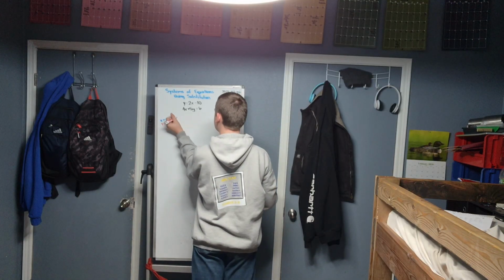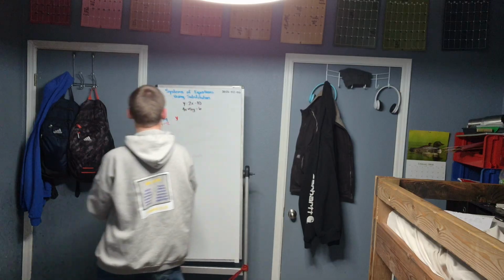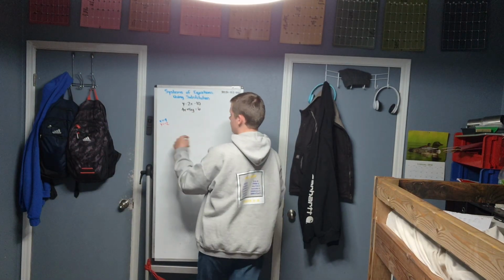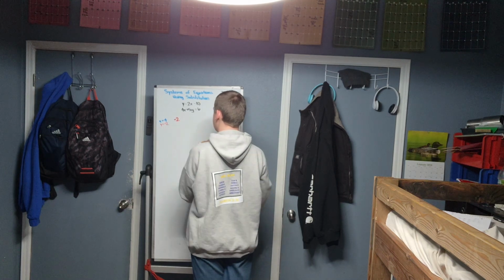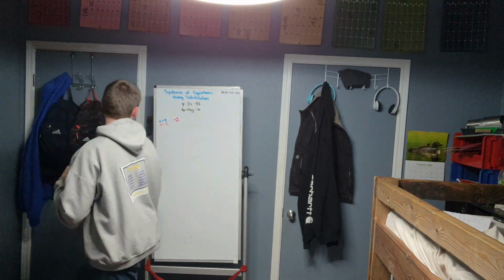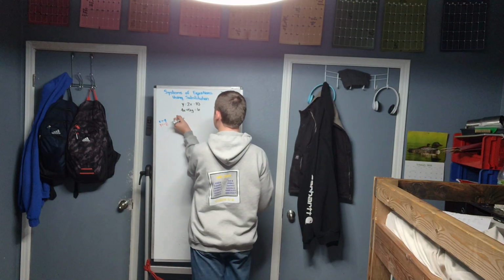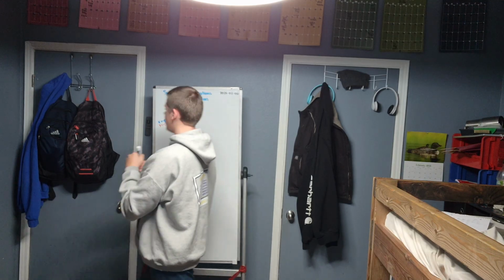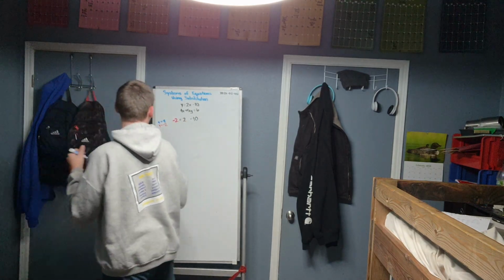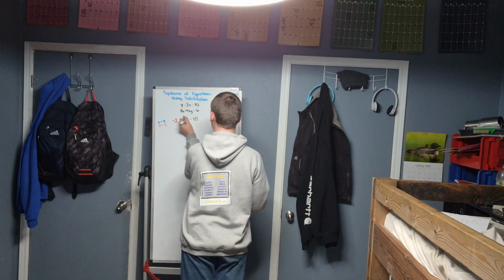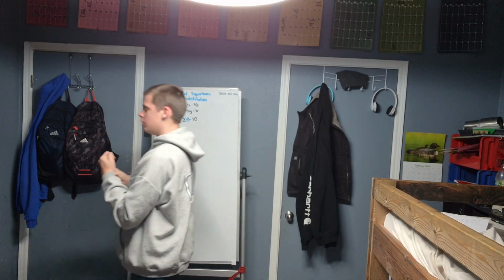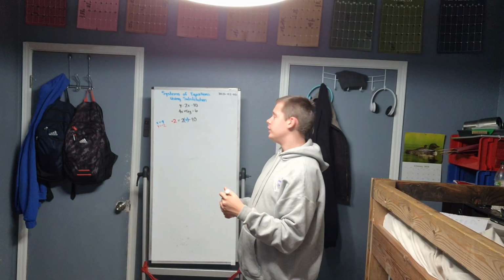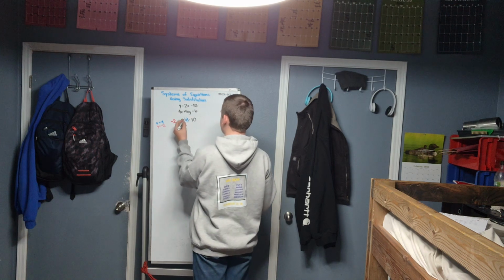So first, we have y, or negative 2, equals 2x minus 10. So we're going to do 4. So we're going to actually solve this to get in practice. 2 times 4 is 8.